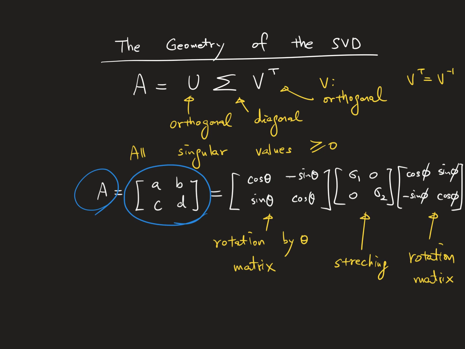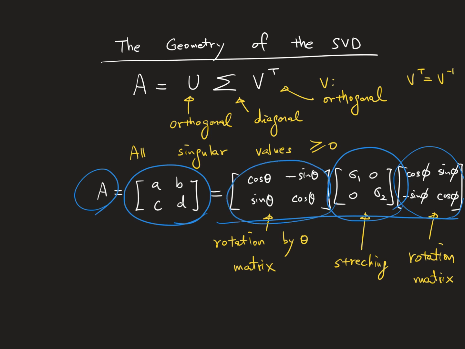But if you decompose it this way, we can see that it's doing a rotation first by phi, then stretching the axes, and after that another rotation. If you decompose that, we can interpret it, because an orthogonal matrix is usually a rotation or a reflection.